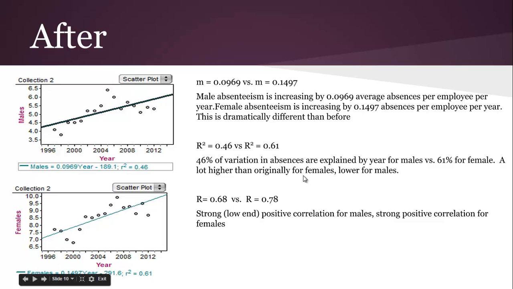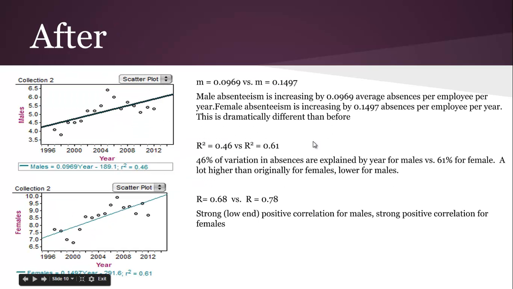The R squared is only 46% for males since 1997, and 61% for females. The R value is 0.68 for males, so it's still strong positive, but on the low end of strong. And female is actually stronger, so the relationship is now stronger.